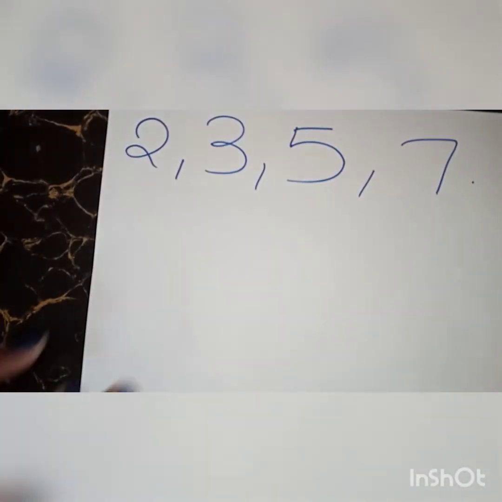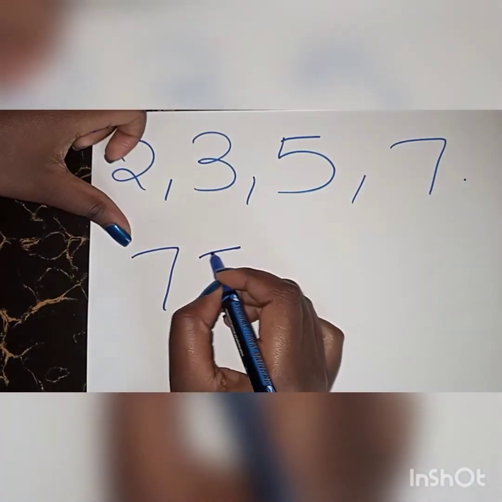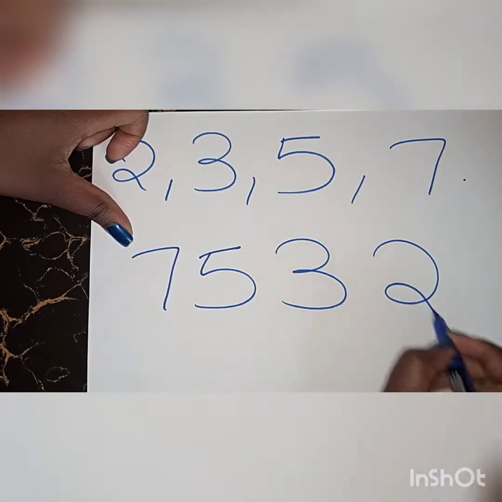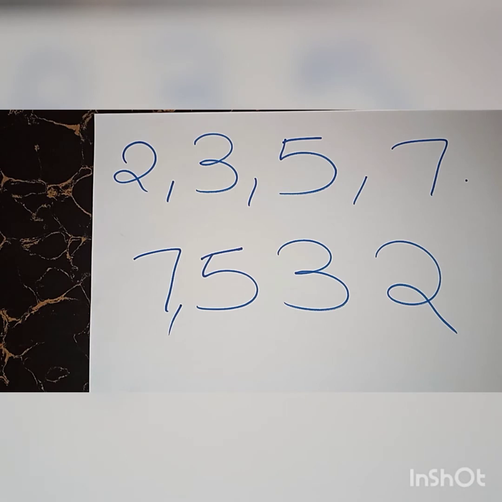Those are the prime numbers that are less than 10. But remember that we have been told that these prime numbers are arranged in descending order. Descending order just means from the largest to the smallest. So that means that the number formed in descending order will be 7, 5, 3, 2. And don't forget to put the commas. Okay? And that will be the answer to the first part of the question.